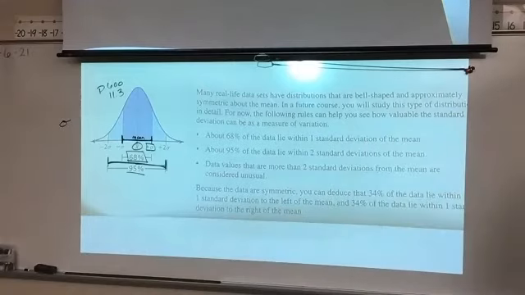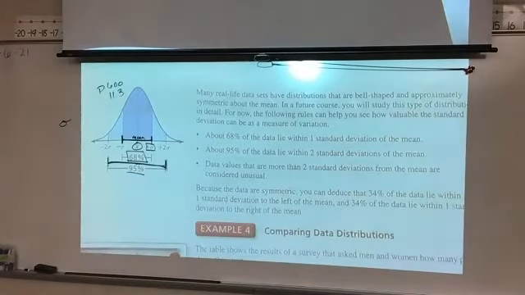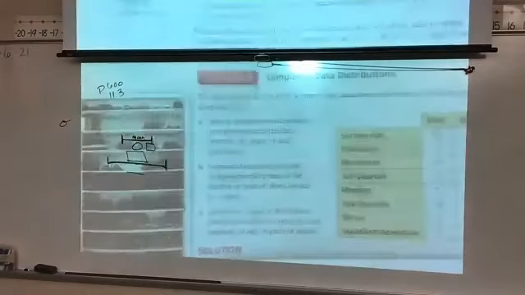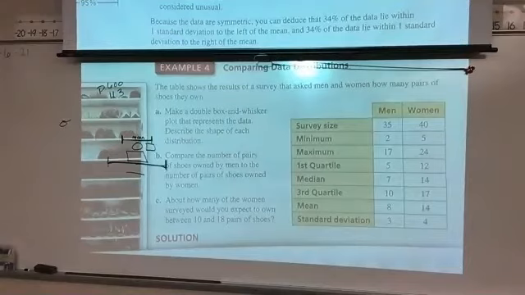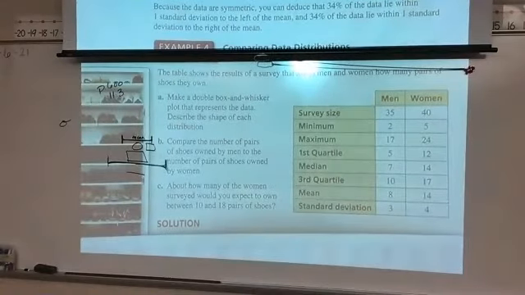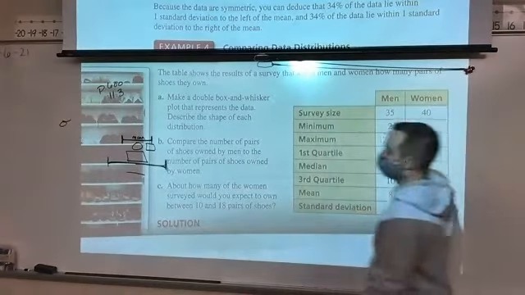What we can do with this is we're going to answer one specific type of question. And it's going to look like this, and you're going to see it on the quiz. They're going to give you a whole lot of information about two different data sets here.